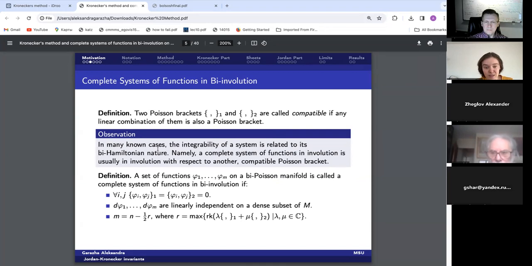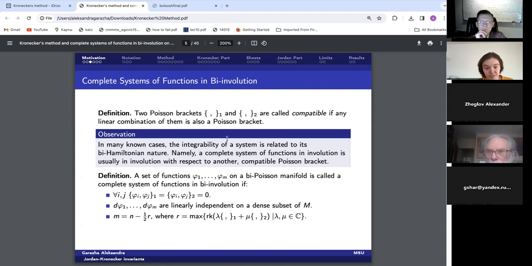It means that we have not only one Poisson bracket, but another one, and it is compatible with the first one. It means that if we take any linear combination of these two brackets, we will obtain another Poisson bracket.